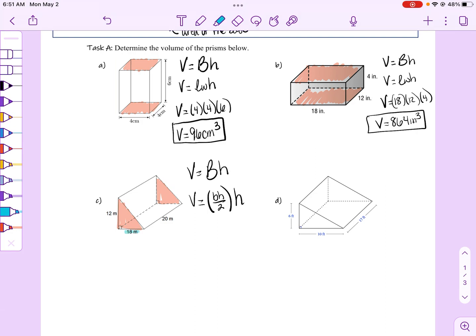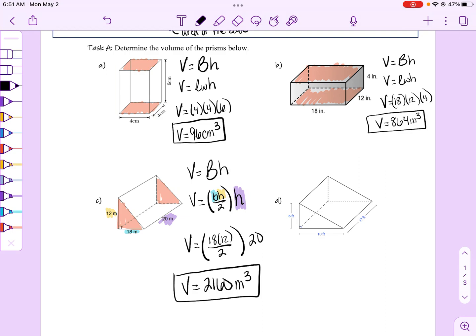So my base is 18, and my height is this 12 for my triangle, and my overall height or length of the shape is the 20. So volume equals 18 times 12 divided by 2, and then multiply it by 20, and we should get volume equals 2,160 meters cubed.